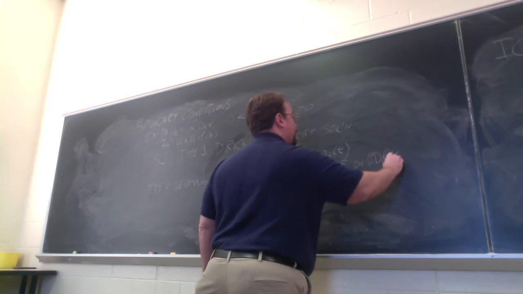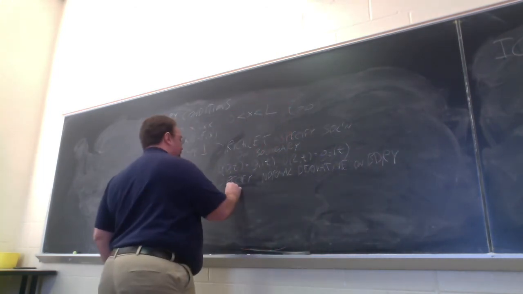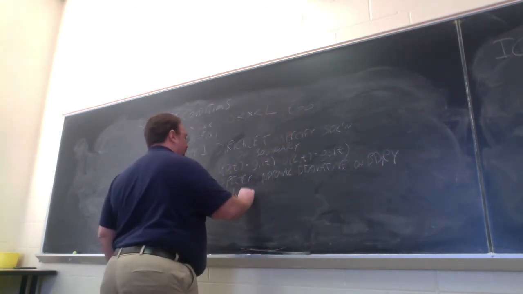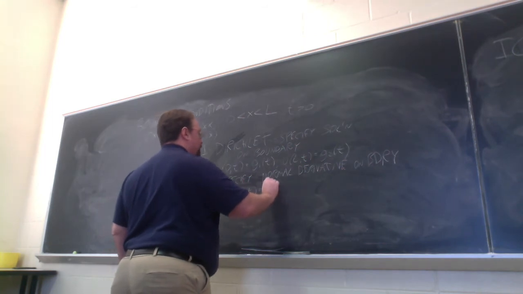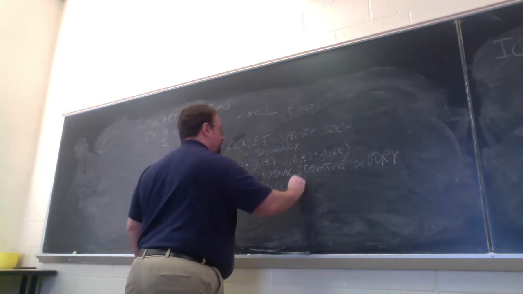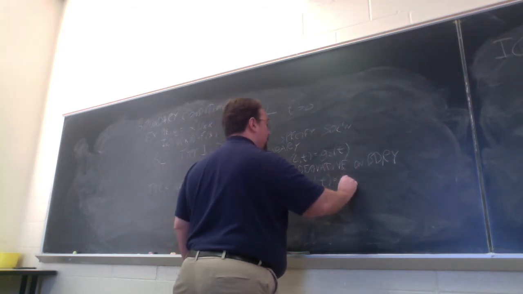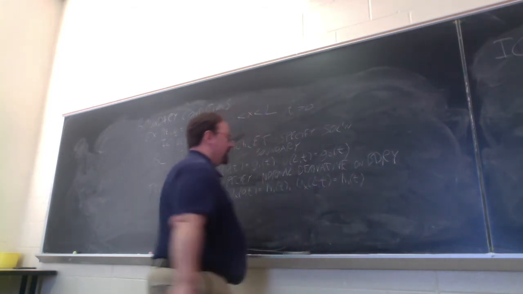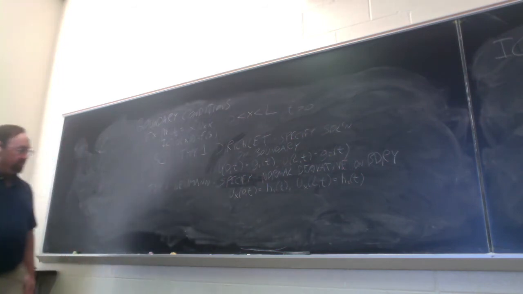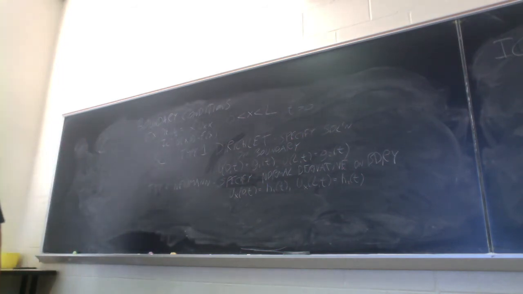Okay, so the normal derivative on that boundary is specified, so you're going to have du dx at x equals 0 equals some given function, and then du dx at x equals L is equal to some given function. And also those are going to be 0.